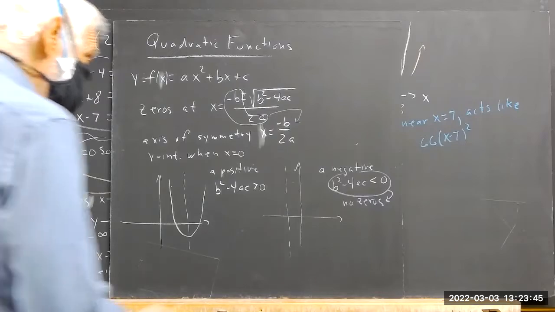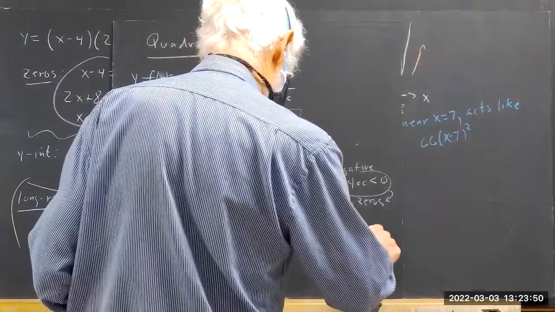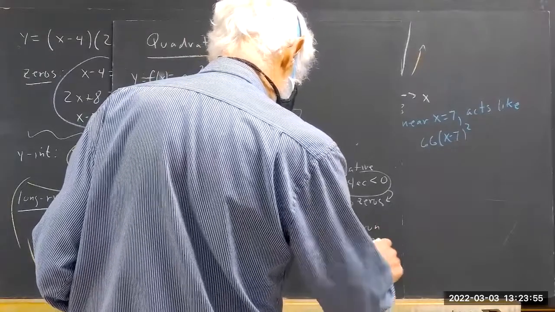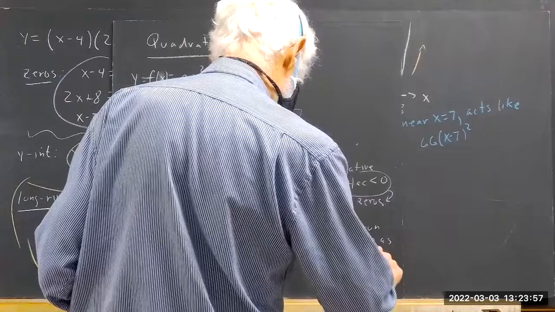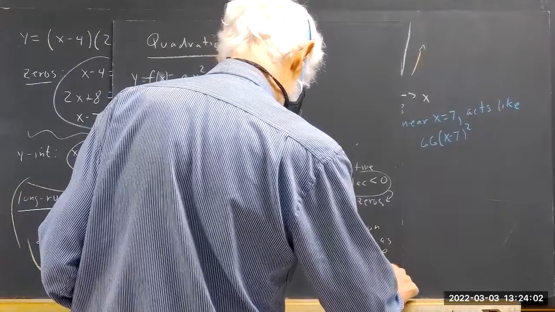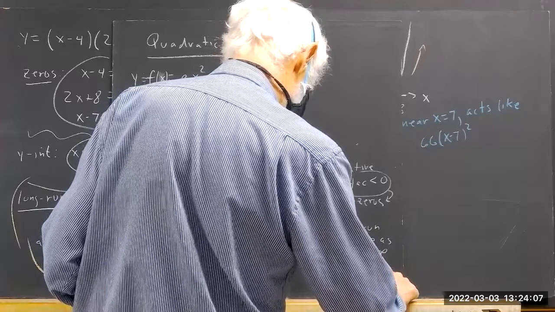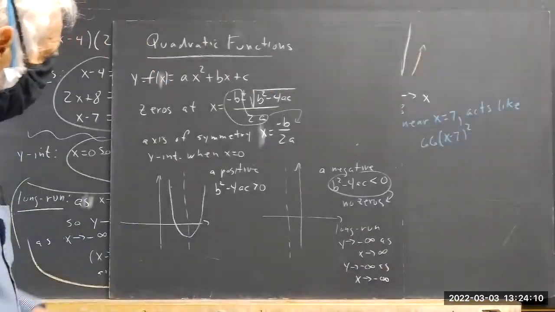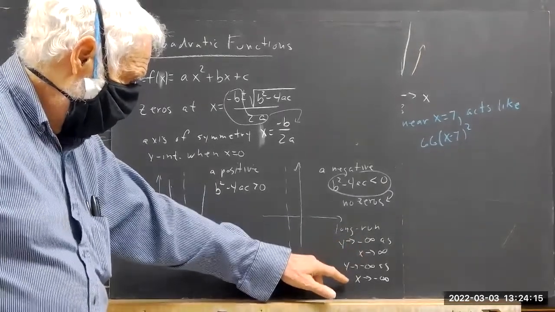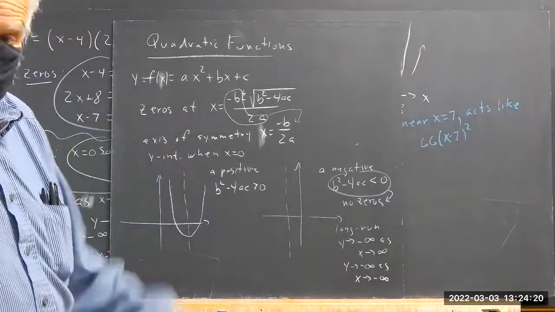Also, y goes to negative infinity as x goes to infinity, and y goes to negative infinity as x goes to negative infinity. So it's got to go down.